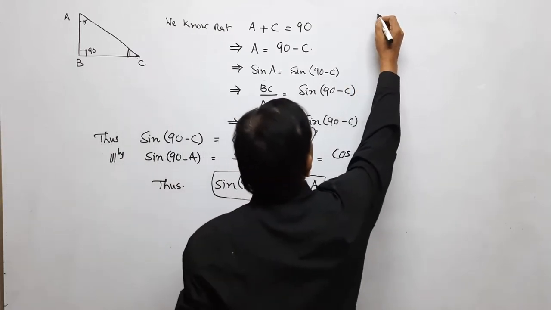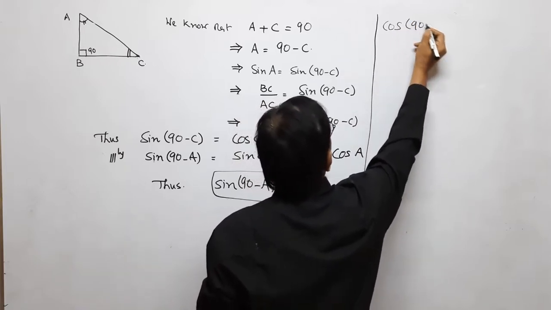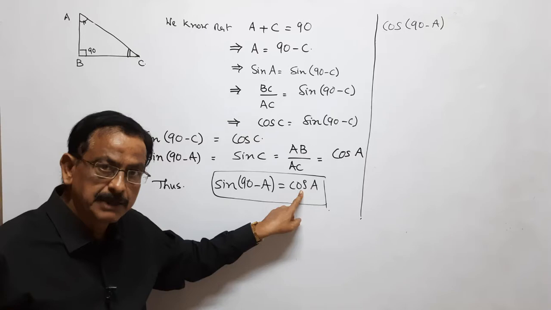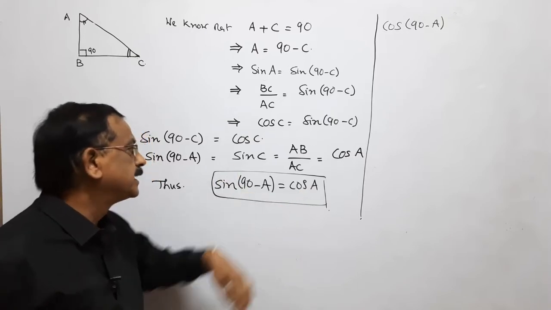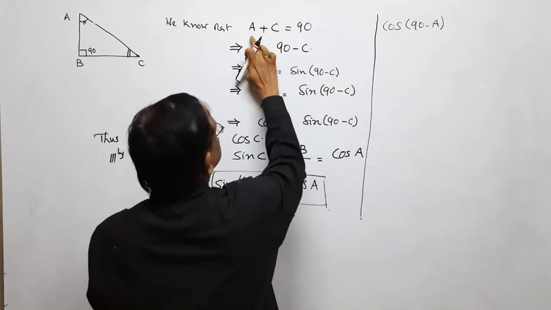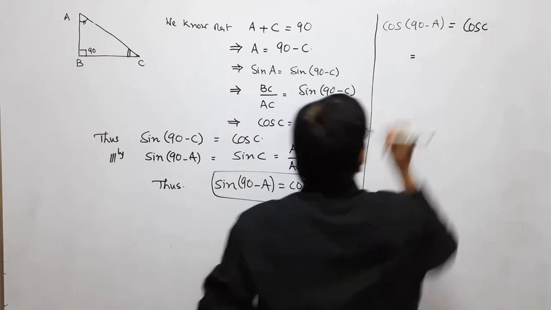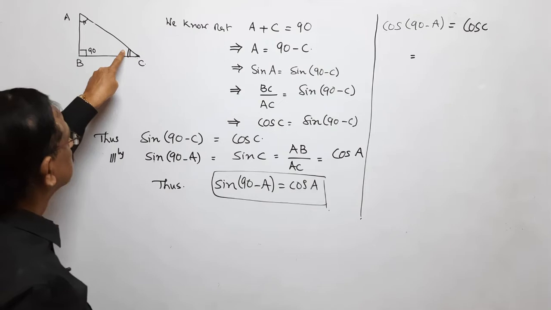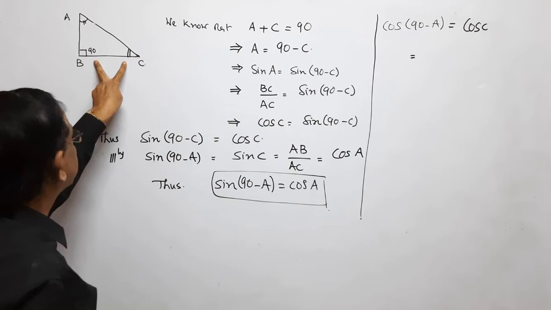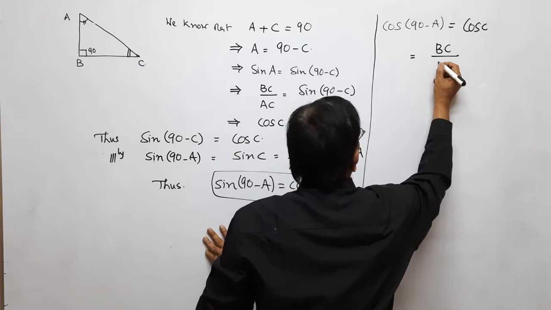Let us evaluate cos 90 minus A. Sin 90 minus A has become cos A. Now cos 90 minus A: you know that 90 minus A is C. So this will be cos C, which is the adjacent side by the hypotenuse, BC by AC.